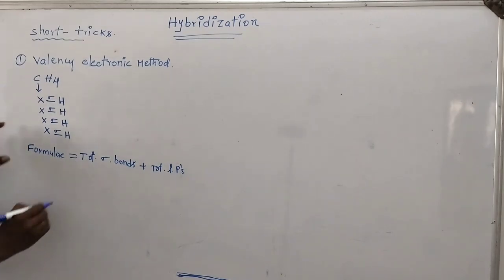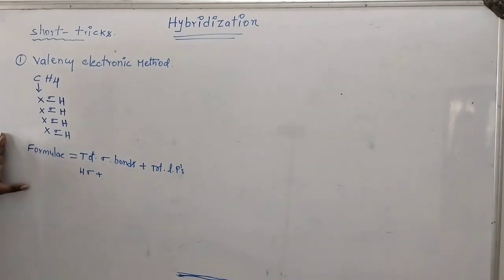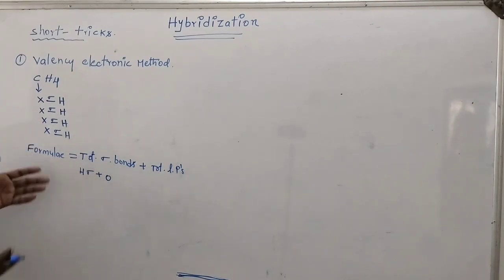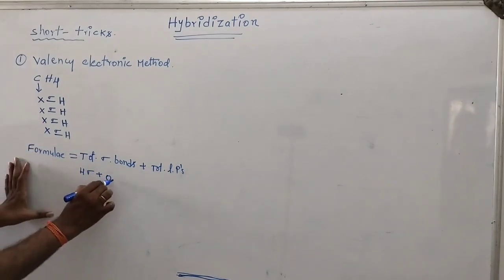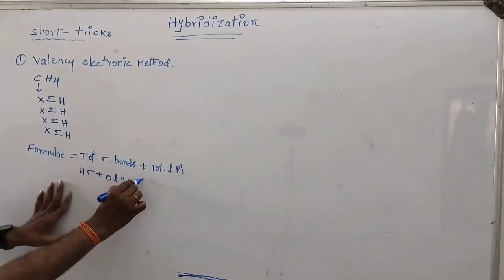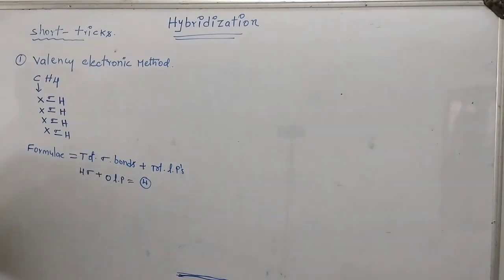Total sigma bonds 4, plus total lone pairs 0, because there is no excess of electrons. 4 plus 0 is 4. Here the 4 is the resultant number.